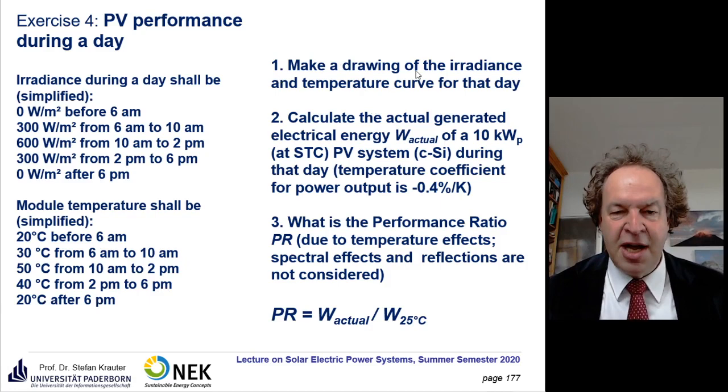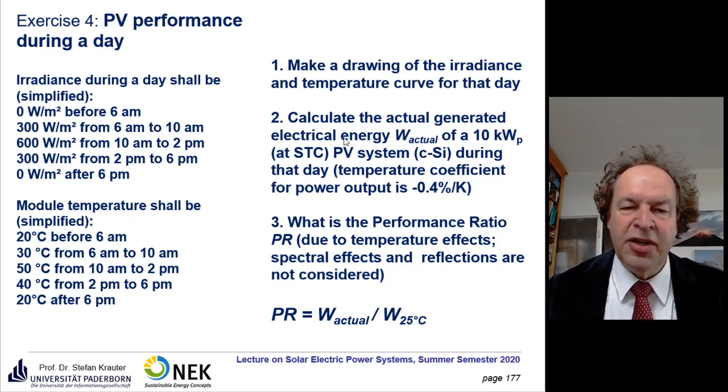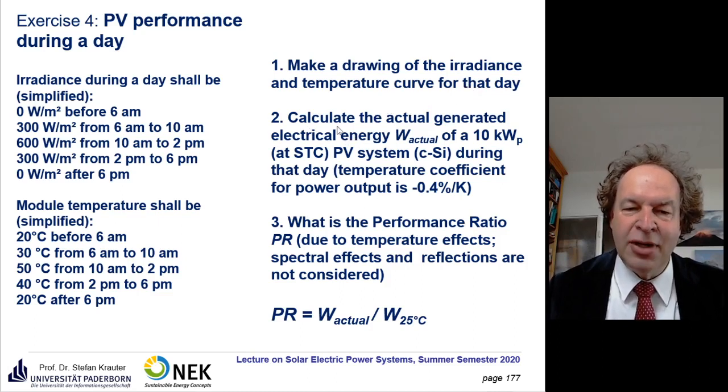So the first task for you is to make a drawing of the irradiance and temperature curve during that day, and then you should calculate the actual generated electricity during that day for a 10 kilowatt peak PV power plant. Remember, this index P means that it's measured under standard test conditions.